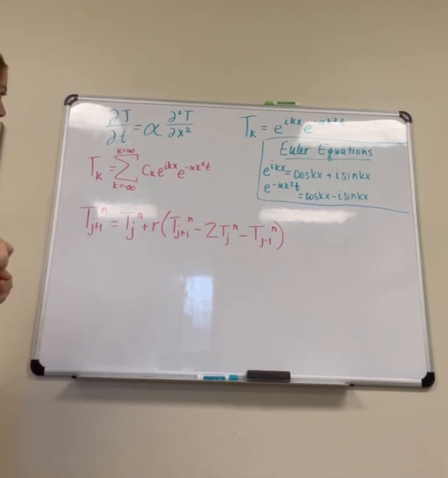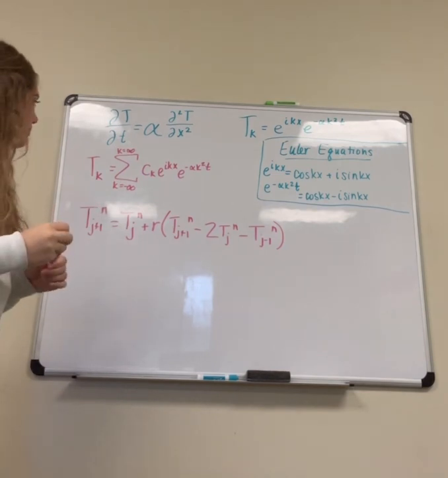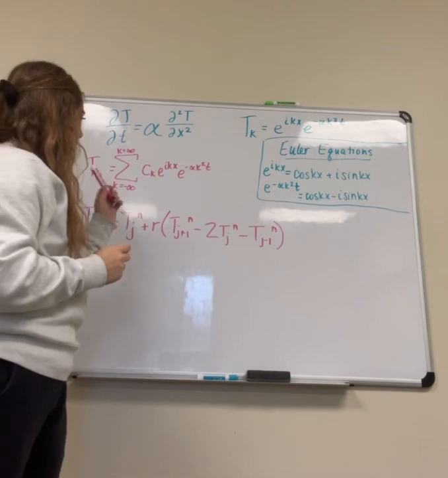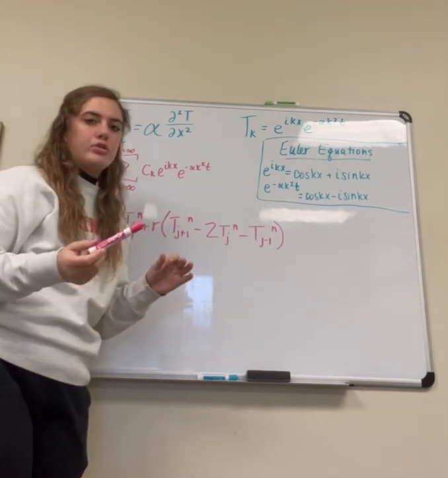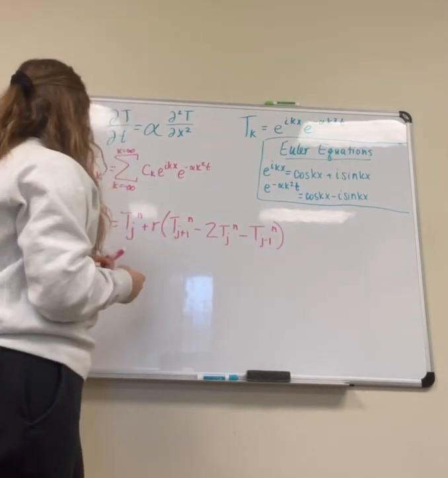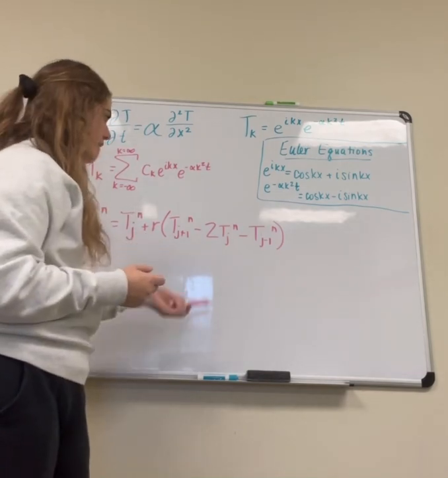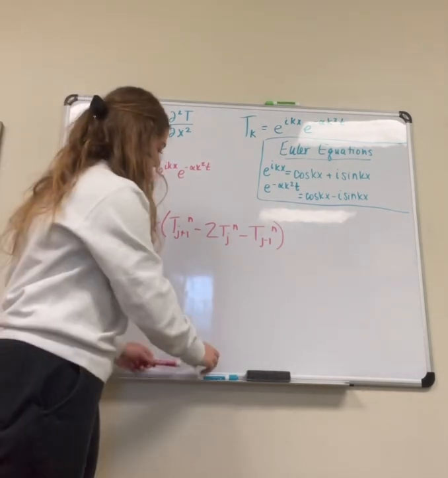And so now, using our summation, we are going to be able to solve for Tj plus 1 to the n and Tj minus 1 to the n.